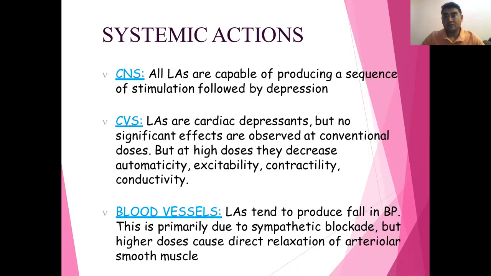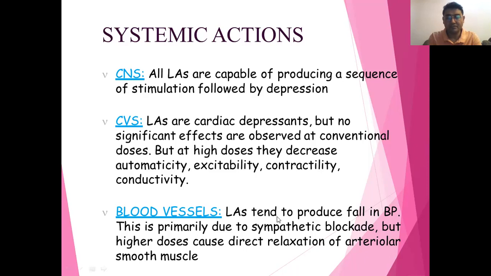Then local anesthesia for these patients is safe if we administer it in a conventional, standard dose. If we administer it with a high dose, then it decreases the cardiac muscle and it will cause bradycardia, low blood pressure and hypotension.